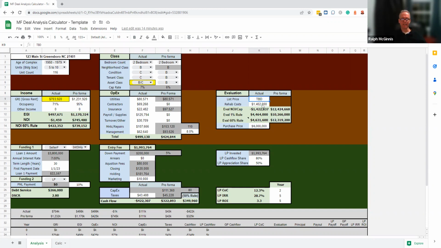The rehab costs, in some cases, if you're buying it on market, they might tell you what it's going to cost to fix the place up. If not, it's usually best to talk to someone who has a little bit of experience with multifamily. You're going to want to look at a lot of different costs when you're dealing with fixing up a property that needs to be fixed up, such as roof, foundation, parking lot, overall landscaping, curb appeal.